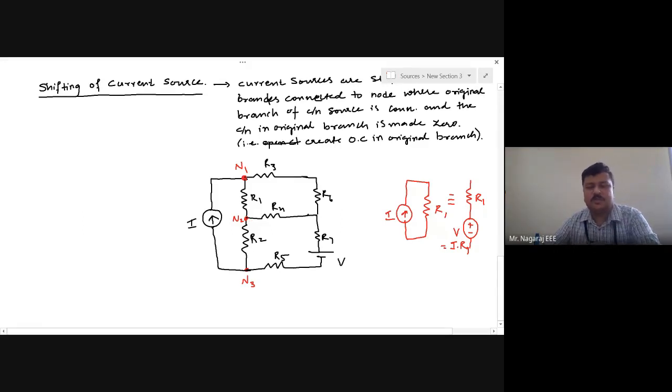One more technique is star-delta transformation, but that is restricted to passive elements, not to sources. So to get an equivalent circuit of this, there is no way other than source shifting. Why we need to shift the sources is to get an equivalent circuit where source transformation alone will not serve the purpose, and this is that circuit.